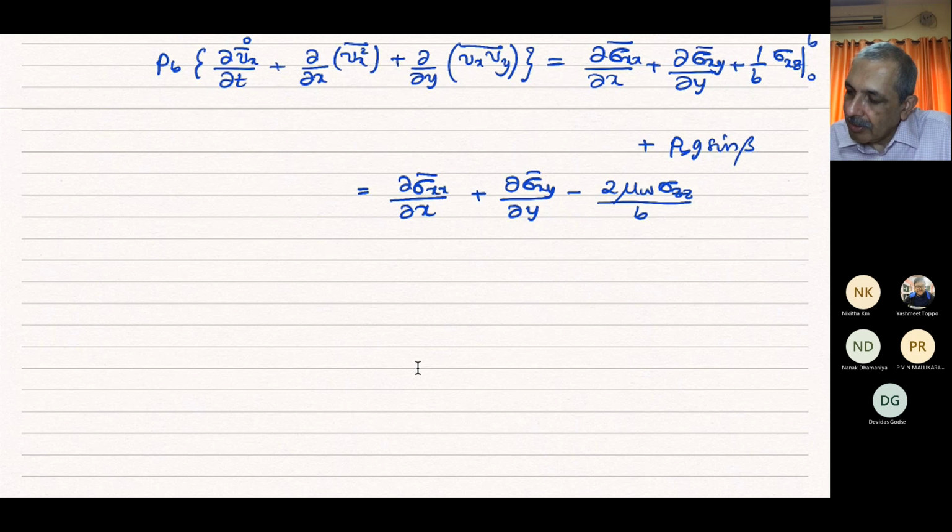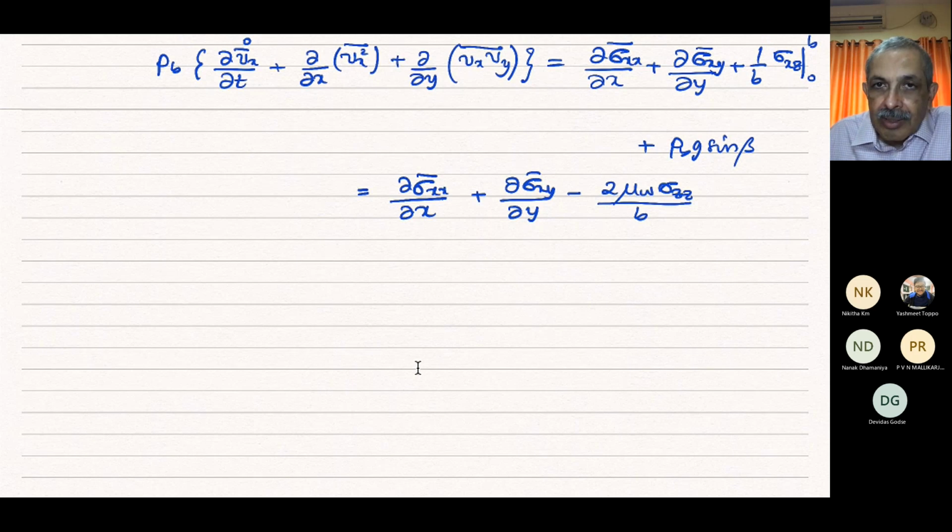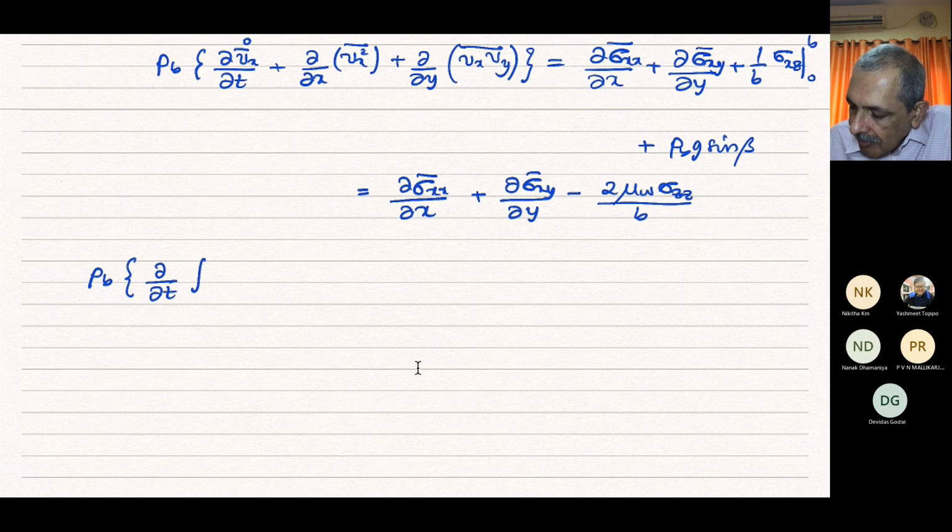Now the next step is to integrate with respect to y. This whole equation, we'll integrate with respect to y, going from 0 to delta. If we do this, you'll get rho b del by del t, take this out, integral from 0 to delta of vx bar dy.